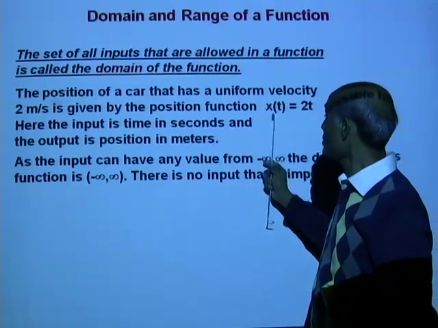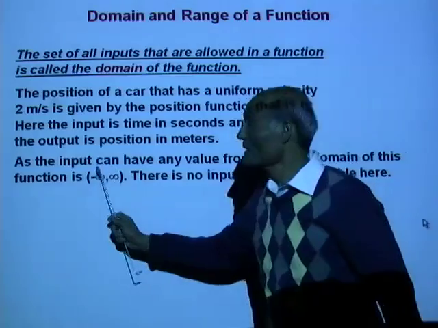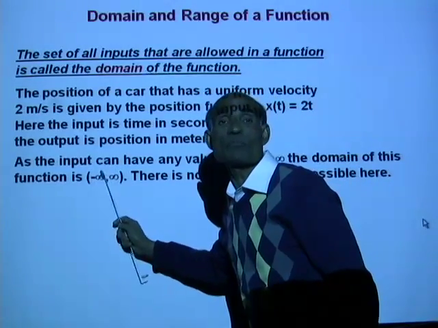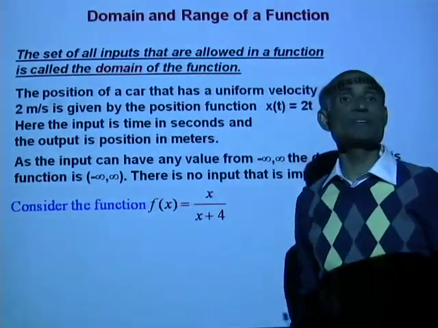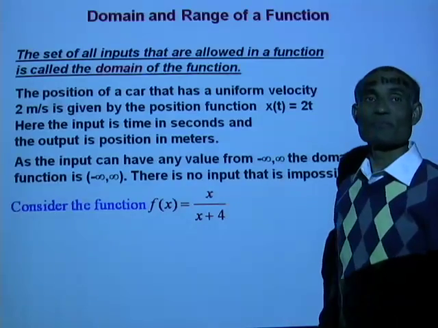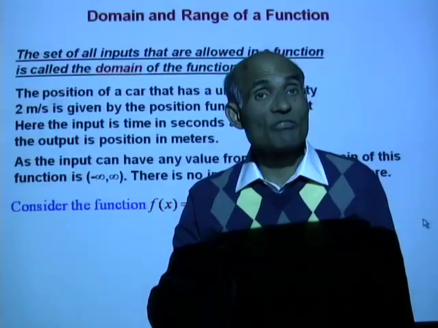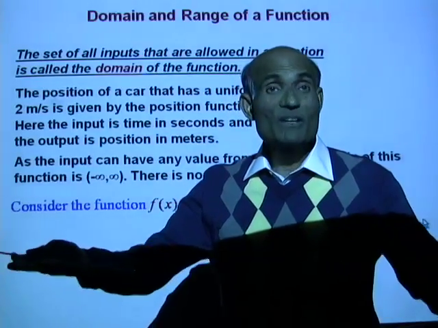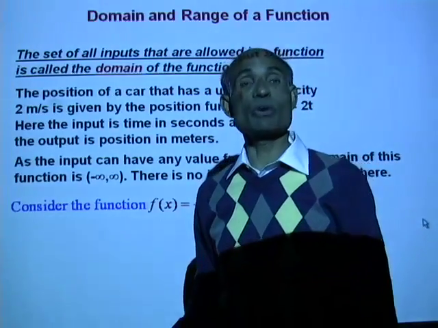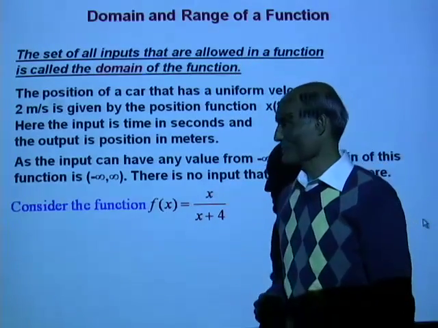Therefore we say the domain of this function is the set of all real numbers from negative infinity to positive infinity. In the same way, for your function a of t equal to 7.5t, the domain is the set of all real numbers.